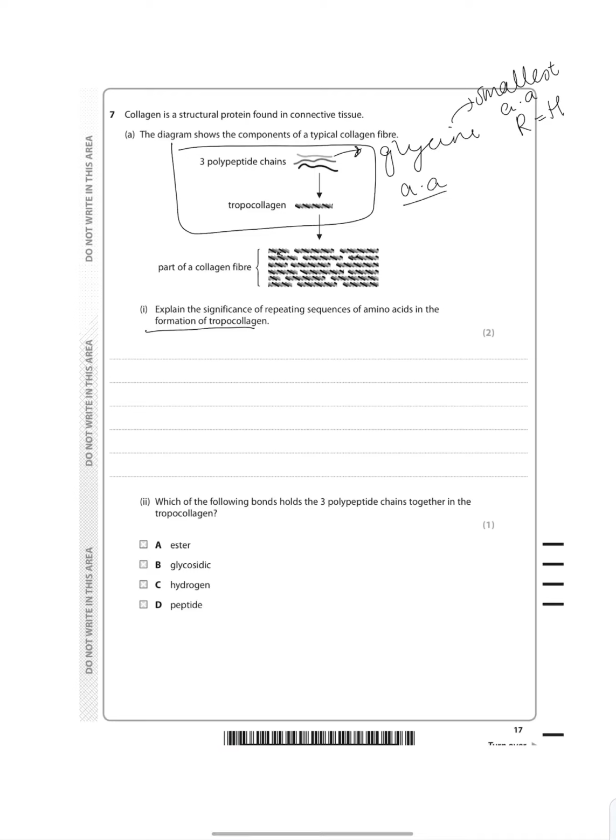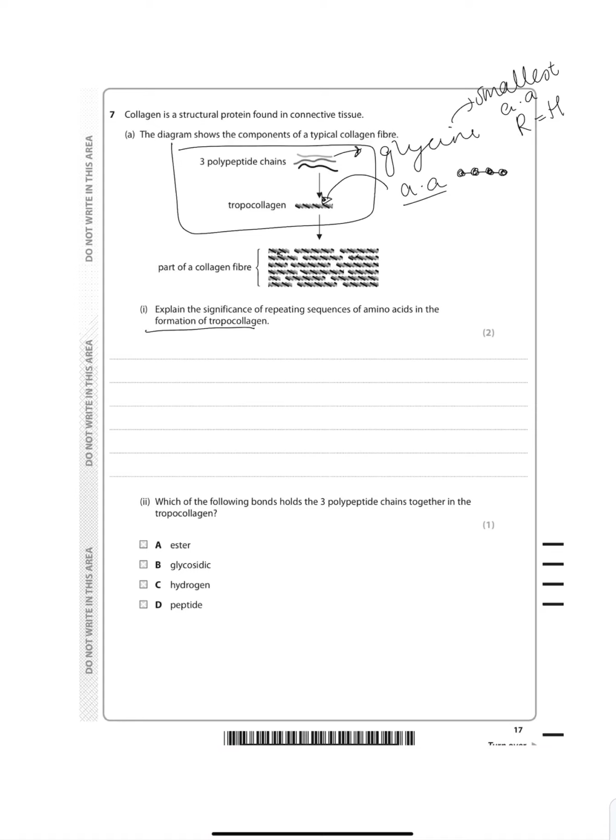However, if you didn't know it was glycine, you would look at the formation of tropocollagen and see it is very tight together. So what you would say is it will be made from small amino acids, and so once again the collagen fibers are very close together, because the smaller something is, the more compact it becomes. The more compact, the stronger, because it forms many bonds together, and that's essentially what's going on.